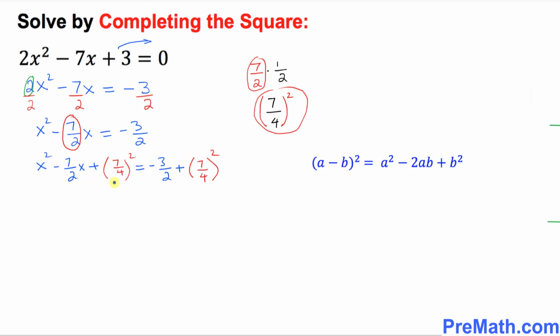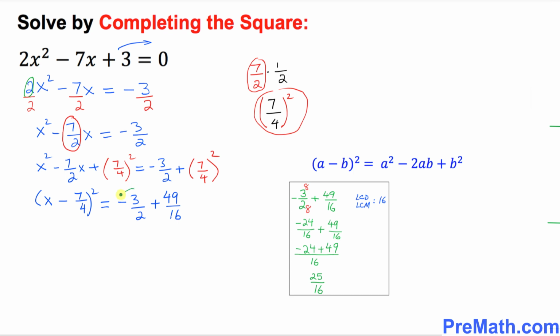Now the left hand side, as you can see, represents a complete square. So we're going to be using this well-known formula: a minus b squared equals a squared minus 2ab plus b squared. So that means I can write this as x minus 7 over 4 squared equals negative 3 over 2 plus 49 over 16.